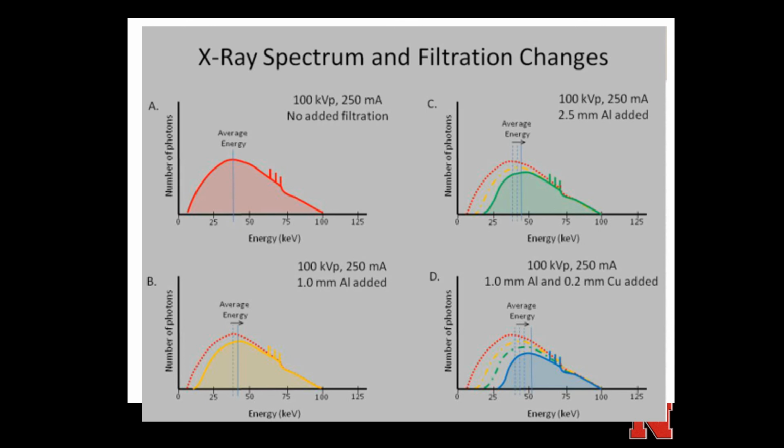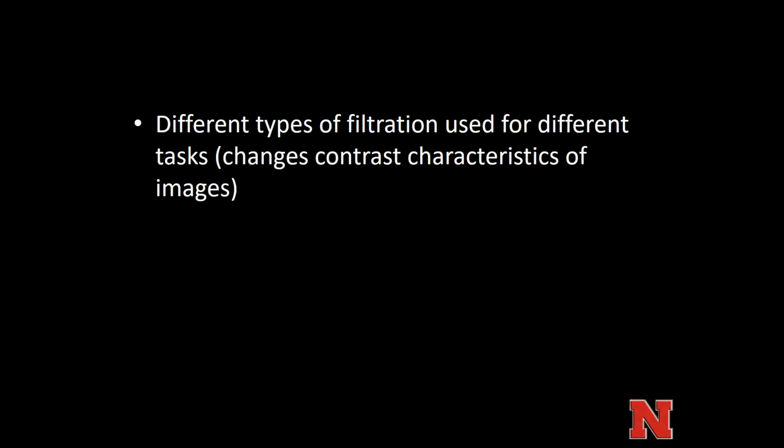So again, you can look at graphs and predict what would happen in terms of how much and where that graph is going to move if filtration is added. Different types of filtration are used for different tasks. Changes in contrast characteristics of the images.